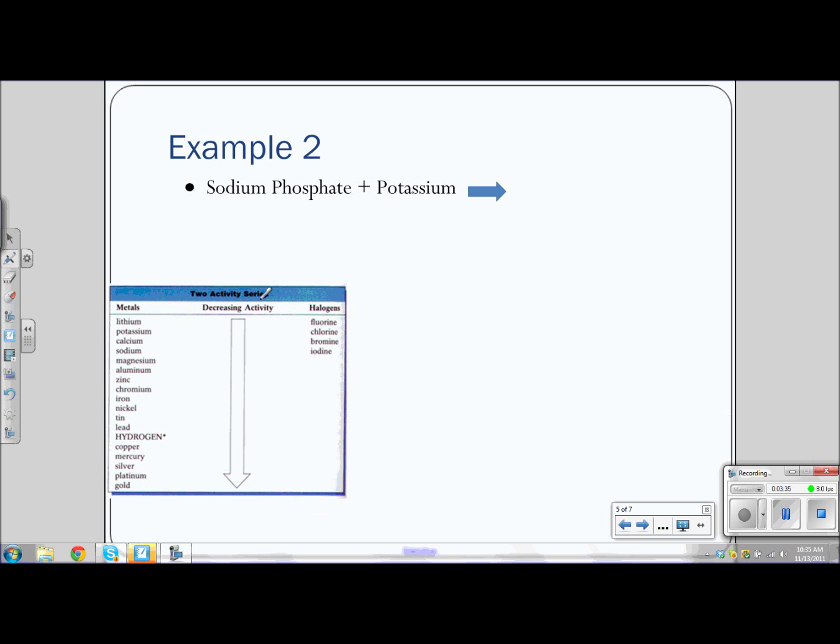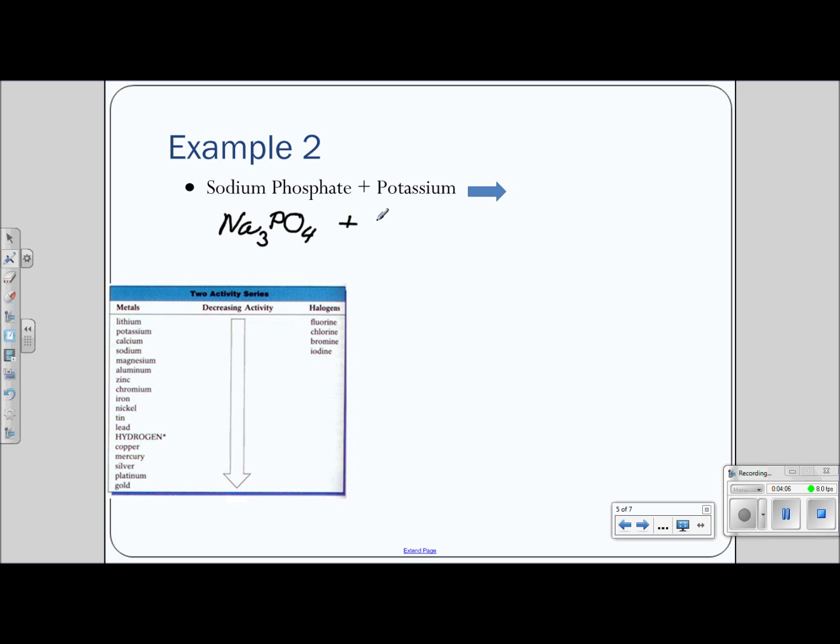All right, our second example is sodium phosphate plus potassium. Will this reaction take place? Let's write the reactants. Sodium phosphate, PO4 -3 goes to sodium, Na3PO4, sodium is +1, therefore it remains this way, plus potassium.